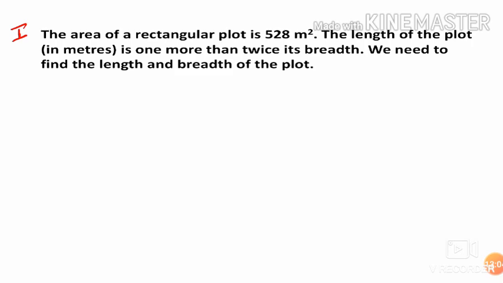We need to find the length and the breadth of the plot. So the length and the breadth are the quantities that you want to find out. So these are the unknown quantities which we will denote by the variable. But a quadratic equation has just one variable. Since there are two unknown quantities here, we are going to represent one in terms of the other.